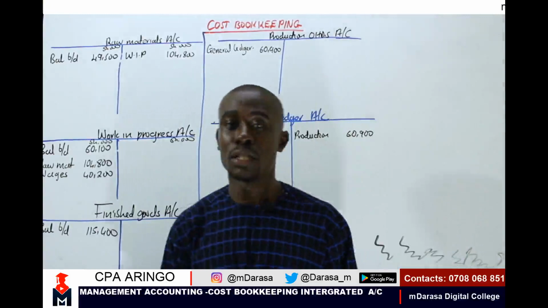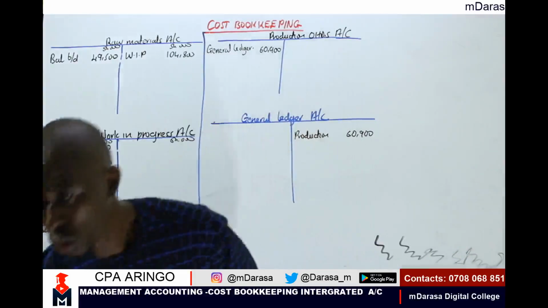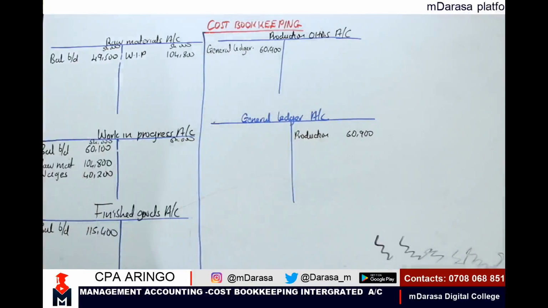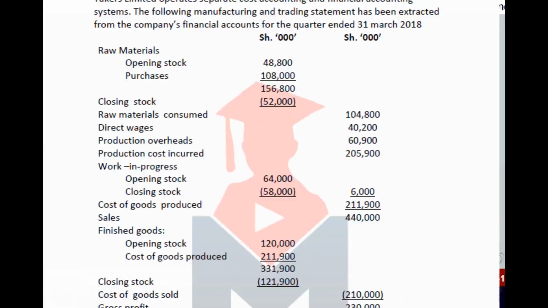The next component will be what? Just go to our question. The next component given, I'm having production overheads. We looked at it. Production cost incurred, remember this one you mentioned, it won't affect us at this point.